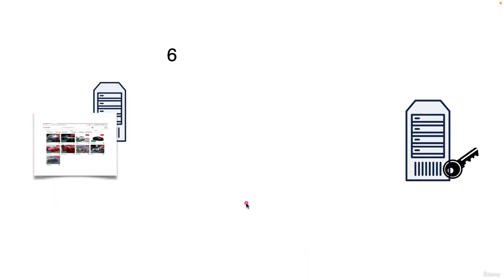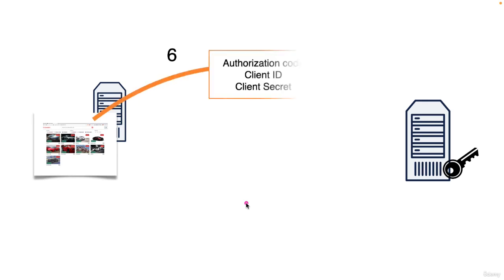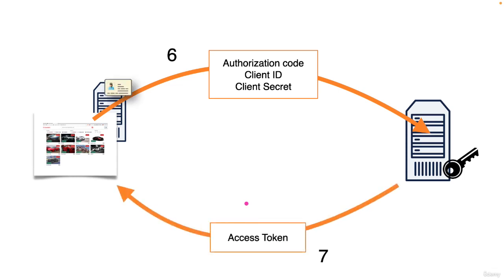The client then contacts the authorization server directly. It does not use the resource owner's browser. It securely sends its client ID and its client secret along with the authorization code to the authorization server. And then the authorization server will respond with the access token, which is not returned to the user's browser.